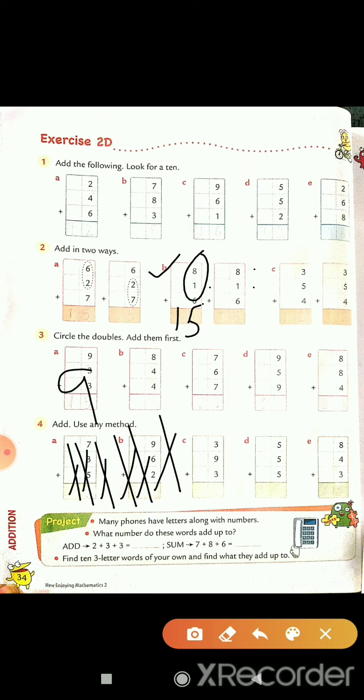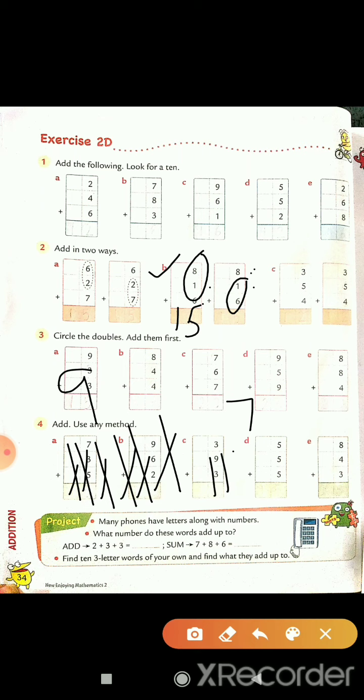Now we have to add it in another order. So we will add 6 and 1 first. 1 is added to 6. It means the answer is the number after 6. What comes after 6? 7. So 7 plus 8.